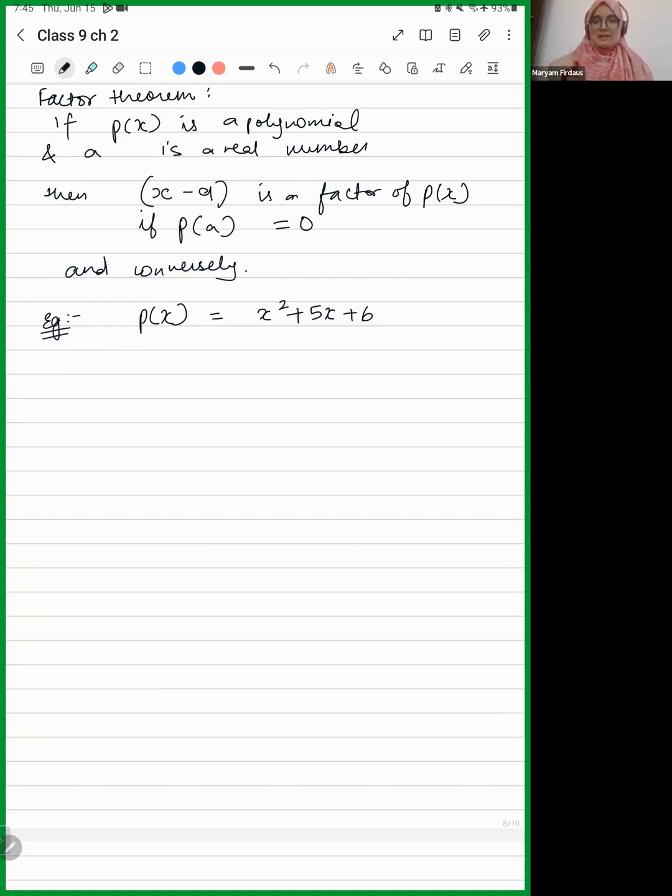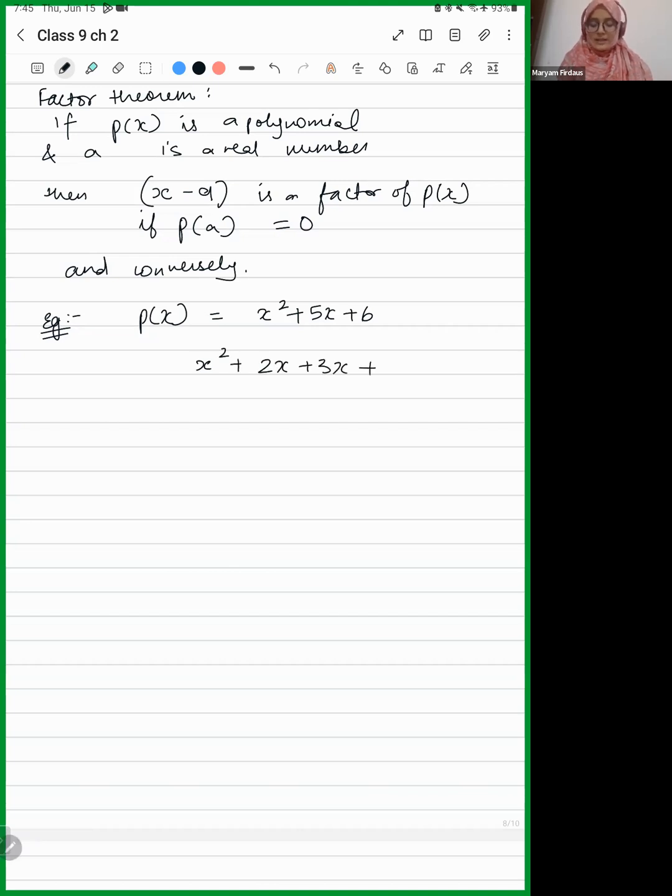We have done middle term splitting, right? You know how to factorize this? Yeah, middle term splitting. This becomes x square plus 2x plus 3x plus 6.